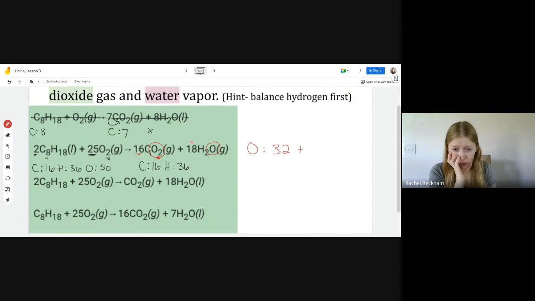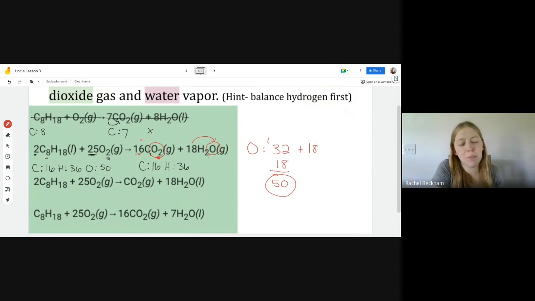Plus the O's over here, right? 18 times 1. There's an 18 in front and then just a regular 1. So 32 plus 18. This is looking pretty promising. 50. Okay, so I have 50 oxygens on the right and 50 on the left. And so this is completely balanced.